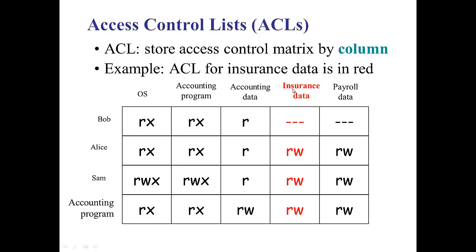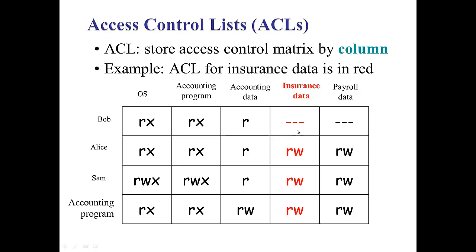For example, when you talk about ACL, we talk about the insurance data ACL or payroll data ACL. That means the insurance data can be accessed by Bob or by Alice or by Sam, and from this column we will know this information.